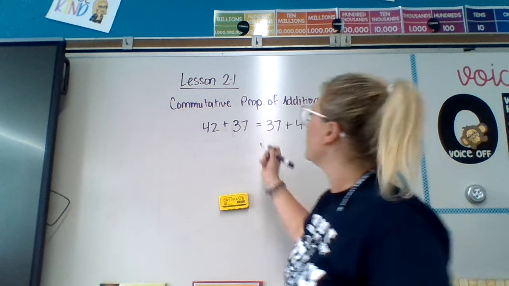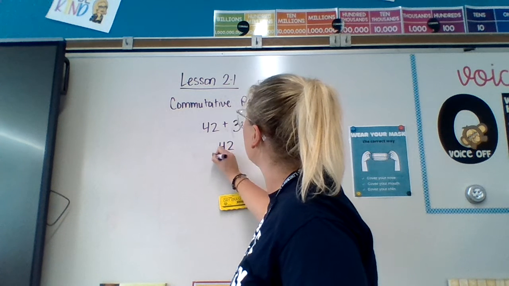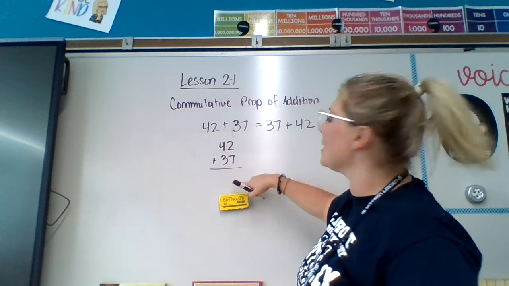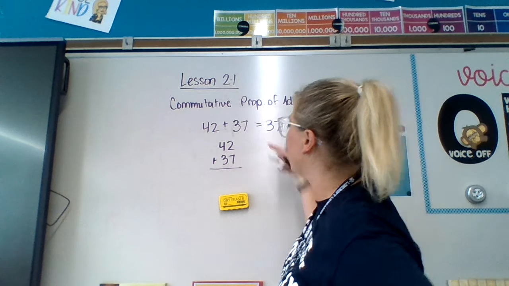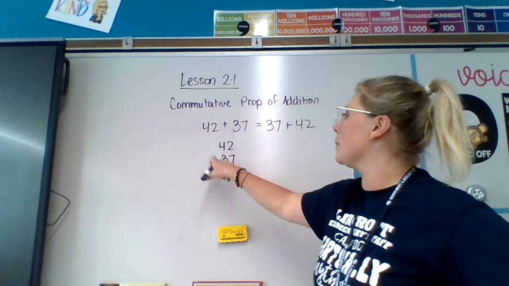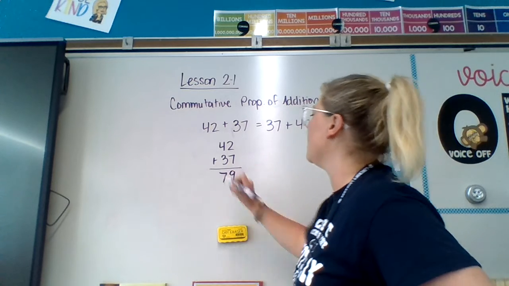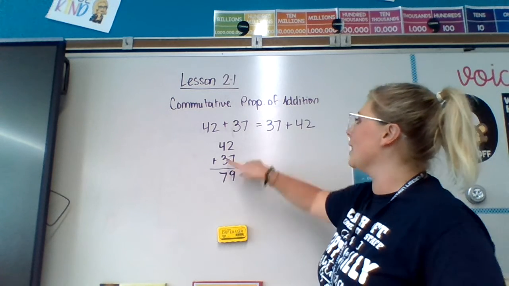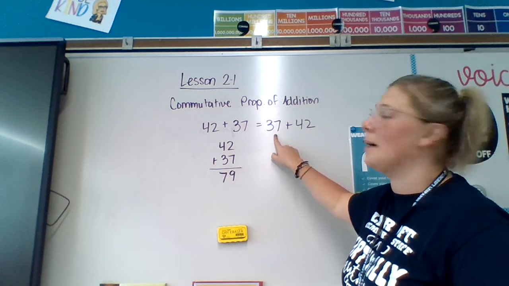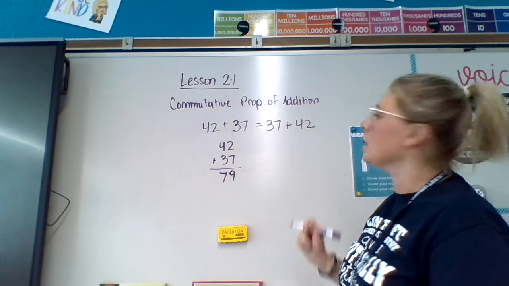Let's check. So if I did 42 plus 37, I would start in my ones place. 7 plus 2 is 9, and 4 plus 3, 7. Okay, so if I'm getting 42 plus 37 equals 79, I should get the same sum for 37 plus 42.